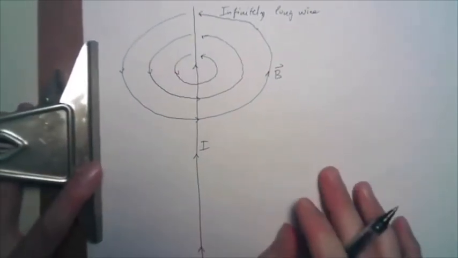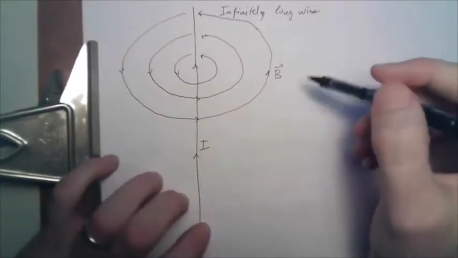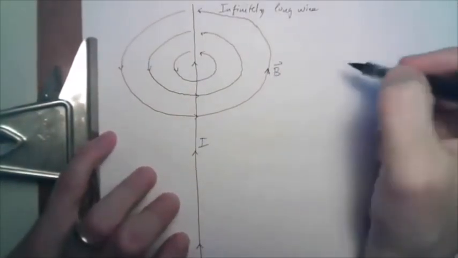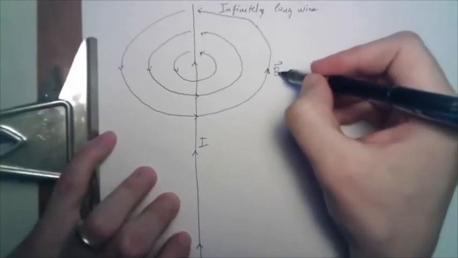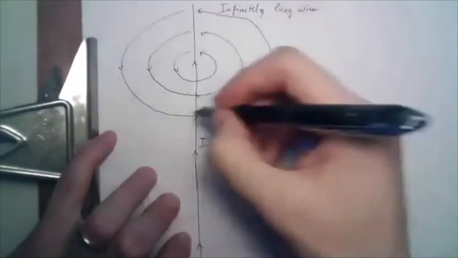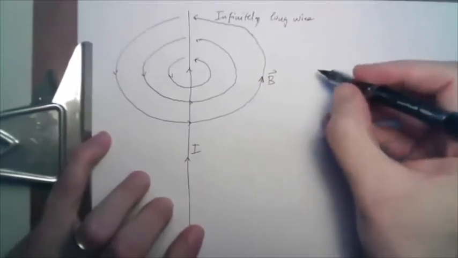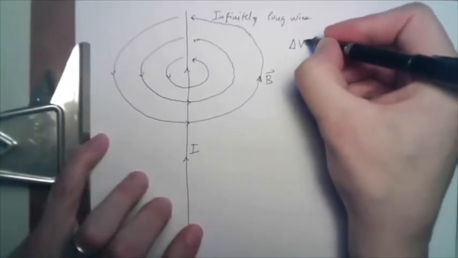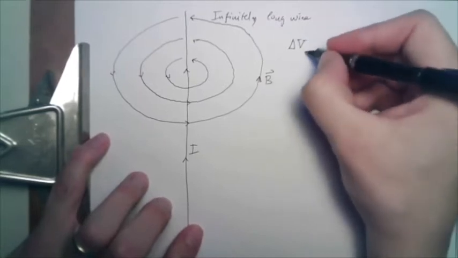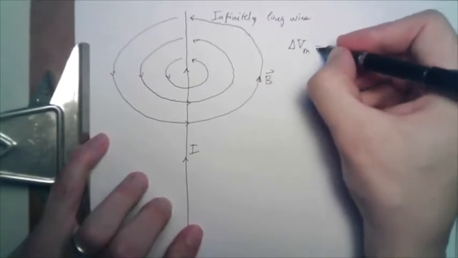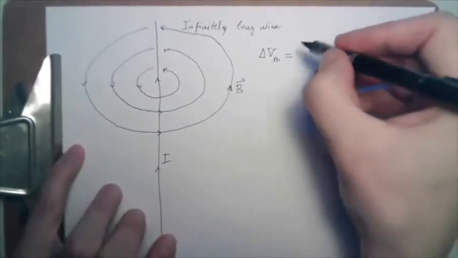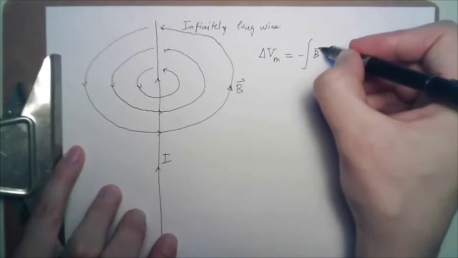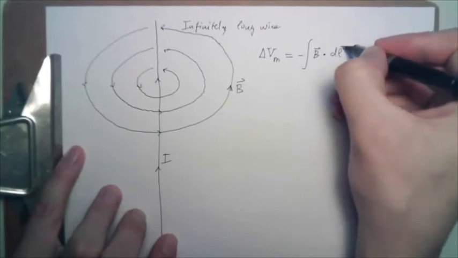Okay. Now, what do we need? We need an integral of B over the circumference, and that is a line integral. So we'll do a delta V sub M for the magnetic field, and we're going to define that as the line integral of B dot dl vector.